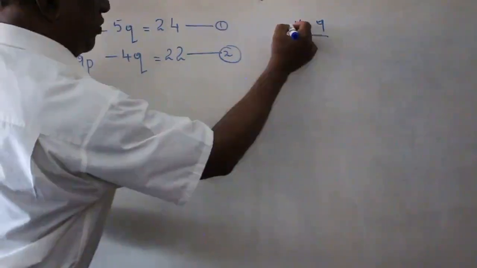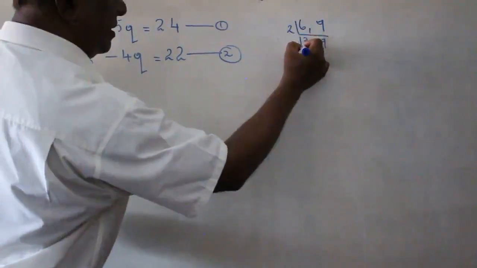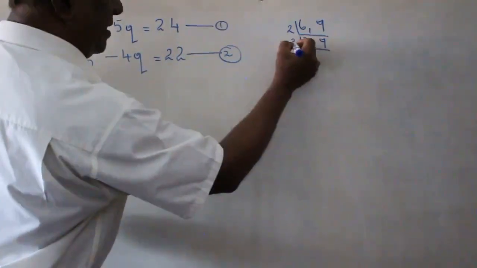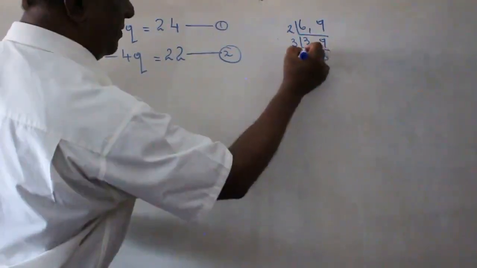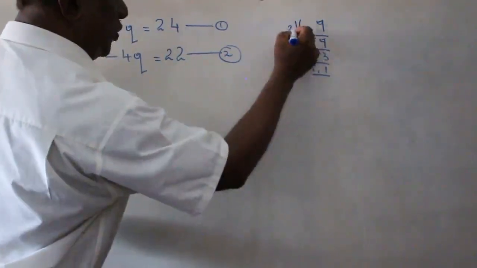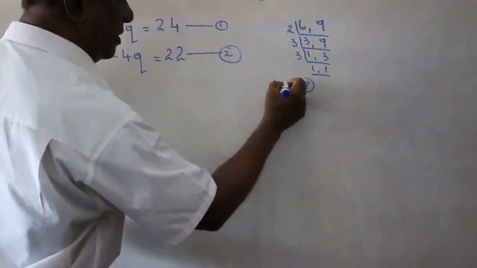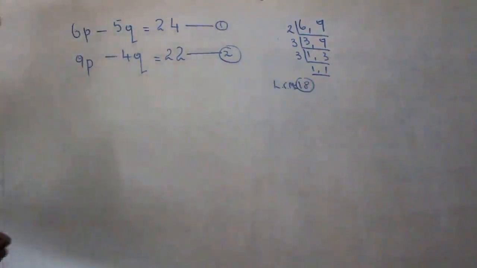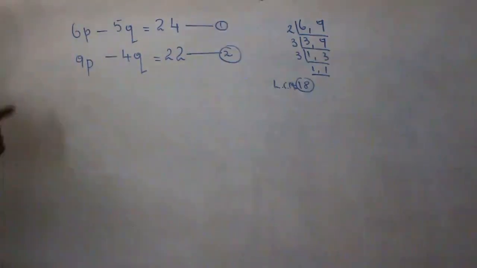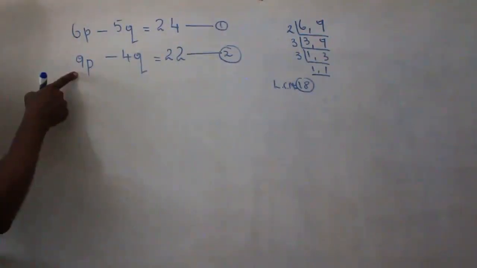How do you get the LCM? That's 3, 9, 3, 1, 3, 3, 1, 1, 2 into 3 is 6, 6 into 3 is 18, which is the LCM. LCM is 18. Now I will convert 6 into 18 and 9 into 18. How would I do that?